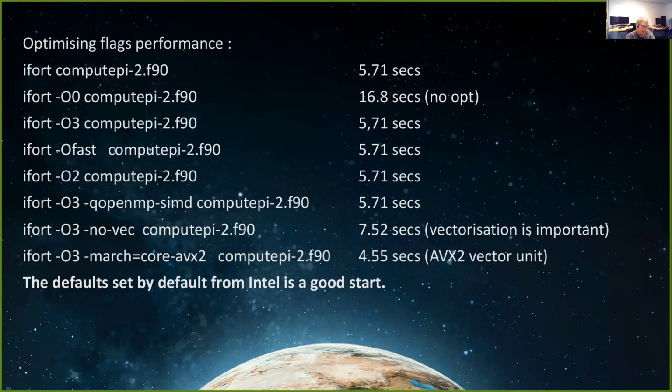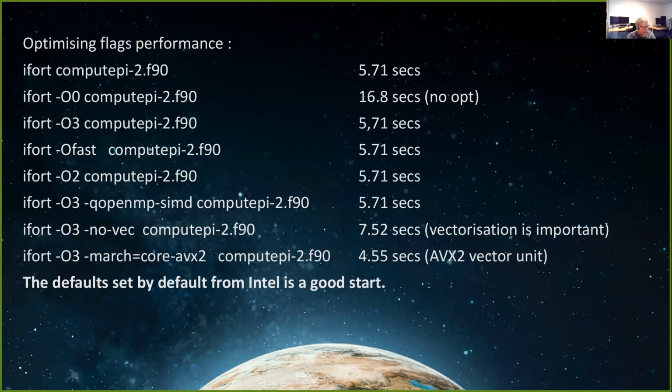The Intel compiler doesn't put this on this processor because it reads what kind of processor it has, and then it uses the SSE vector instruction unit. So I've asked it here to use the AVX2 vector instruction, which is twice as wide as the SSE. And then I get down to 4.55.